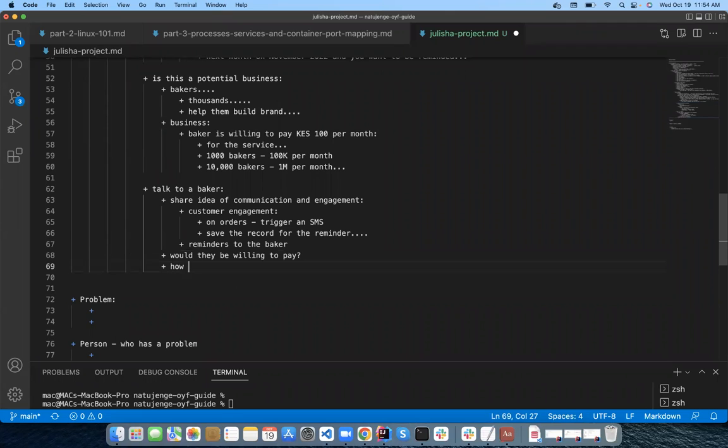And you can find out how much they are willing to pay for this service per month. Let them put it on a per month basis.